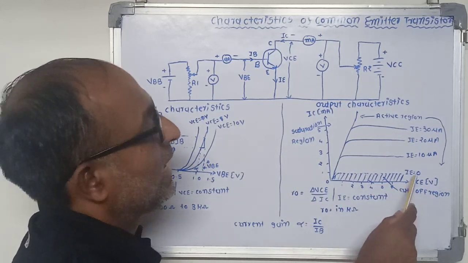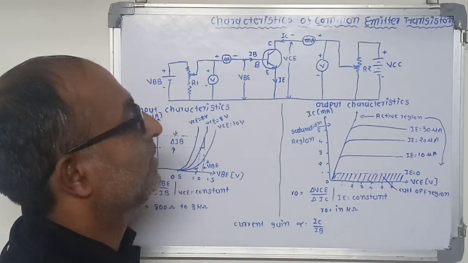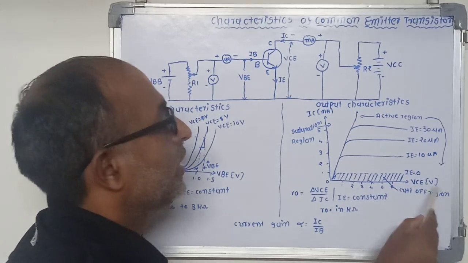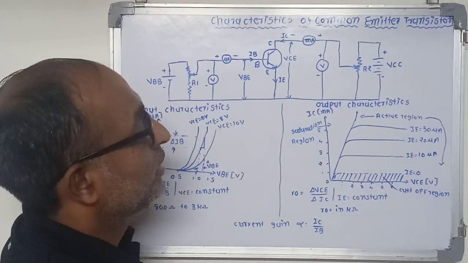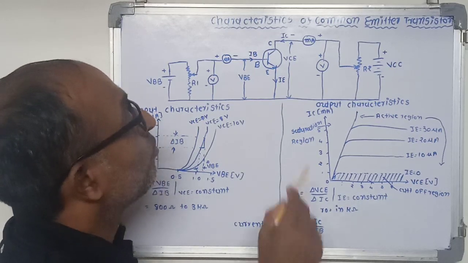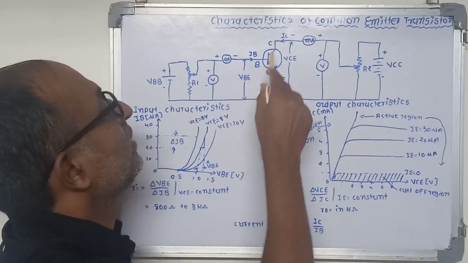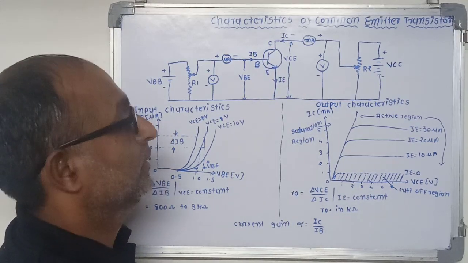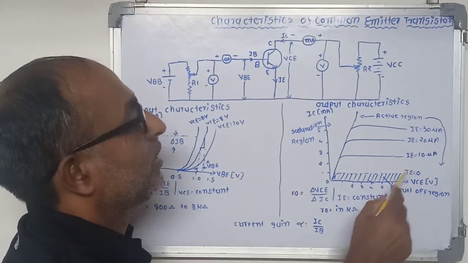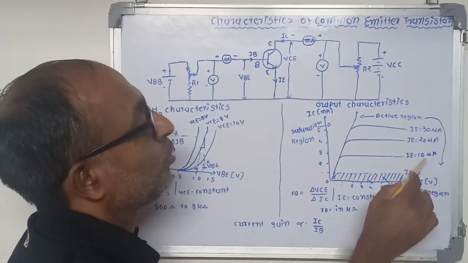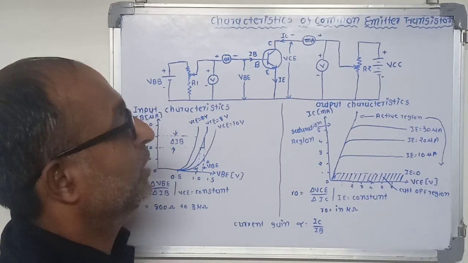Now when current IE is 0, the transistor is operated in the cutoff region. In this condition, both junctions are reverse biased, that means base emitter junction and collector emitter junction. Now next, the emitter current is increased from 0 to 10 microampere.